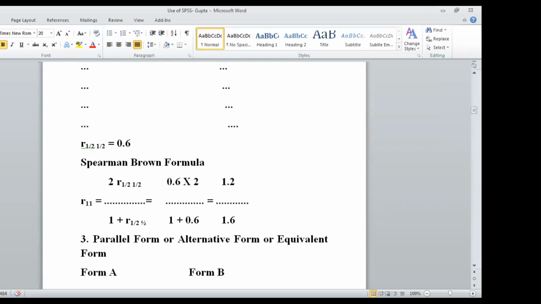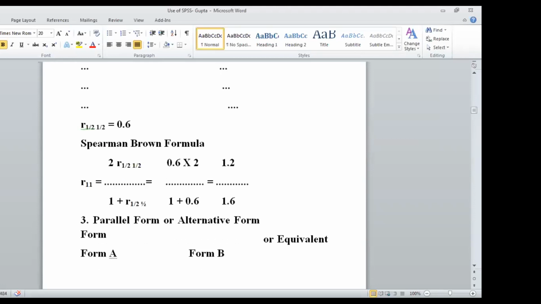Now, then you have to administer both in the morning and in the evening session, and then you will have the scores.